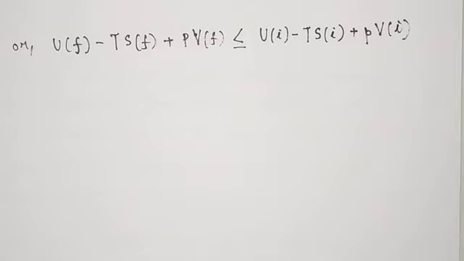Now if you look at both the terms on the left hand side and right hand side, you see that they are of the same nature, which is U minus TS plus PV.